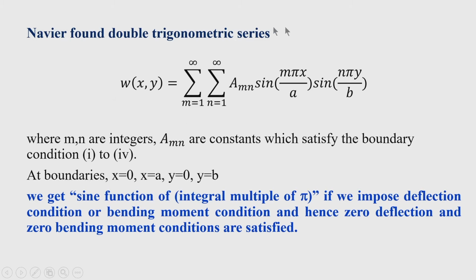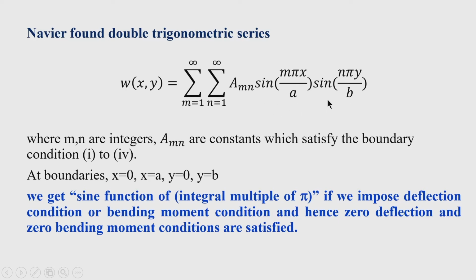So this Navier series, proposed as a double trigonometric series, completely satisfies the simply supported boundary condition. It is a very well known series and it gives the converged values of deflection and other stress resultants very rapidly.